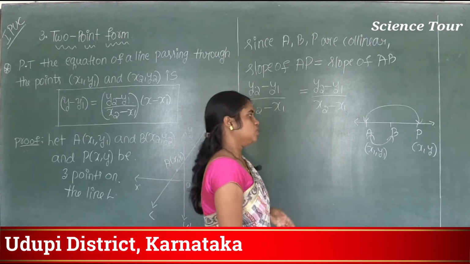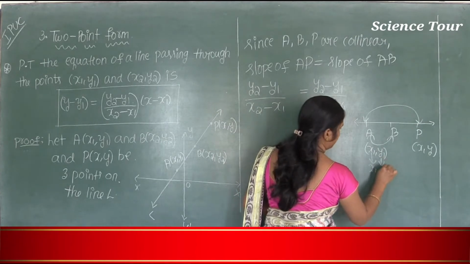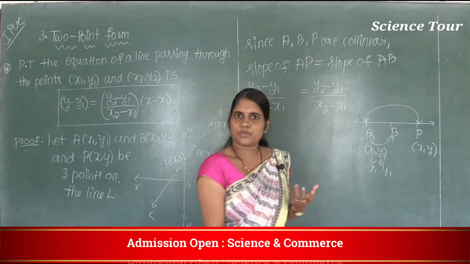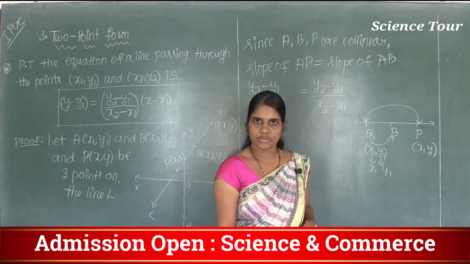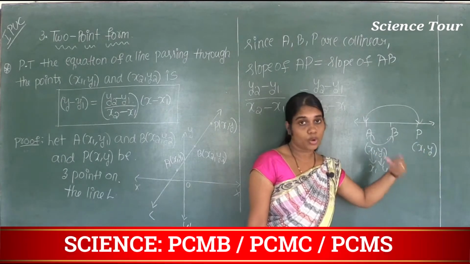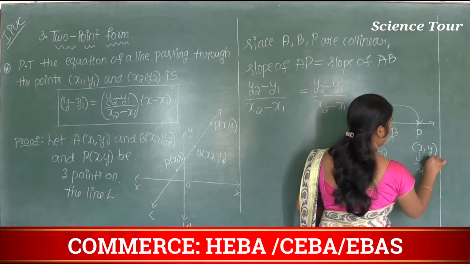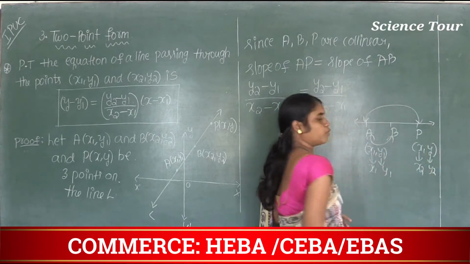So x1 comma y1 is nothing but x1 comma y1 only. Normally the first point we will consider as x1 comma y1, isn't it? And the second point we will consider as x2 comma y2. So therefore this x comma y I will consider as x2 comma y2.